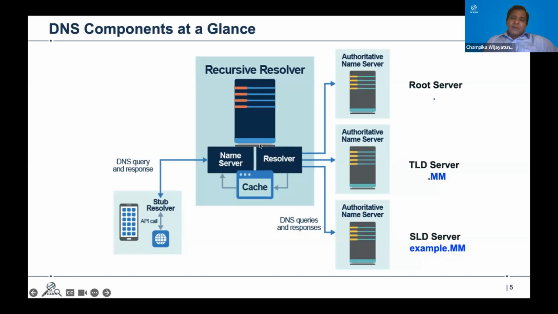Now that is being returned to the recursive resolver. And then recursive resolver can go and talk to example.mm server. And then once the question goes to example.mm server, example.mm server can give the exact IP address of www.example.mm, right?